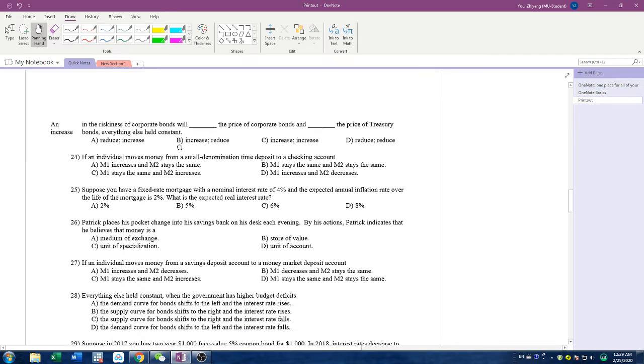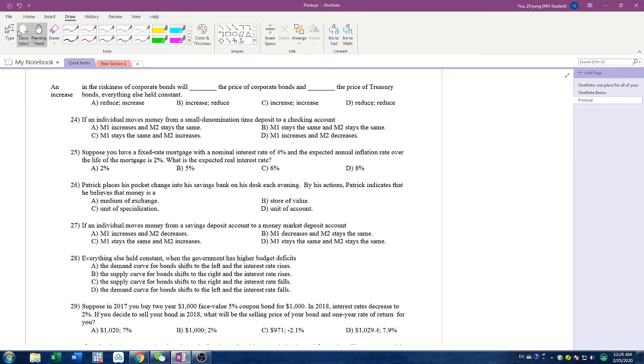So 23, somehow the display in the OneNote is a little bit weird, so bear with me. It says an increase in the riskiness of corporate bonds will do what to the price of corporate bonds and do what to the price of treasury bonds, if we hold everything else constant. Whenever we see two assets, I'm going to draw the supply and demand curves for those assets.